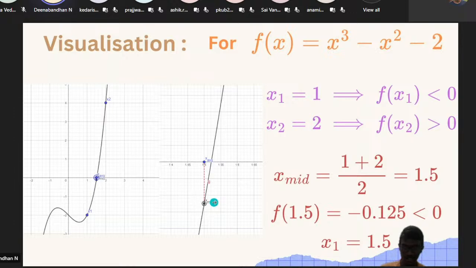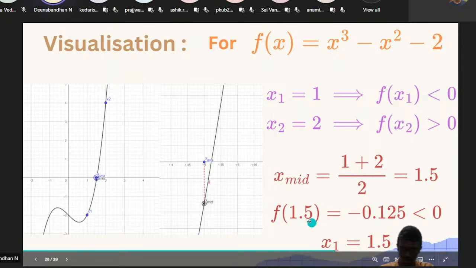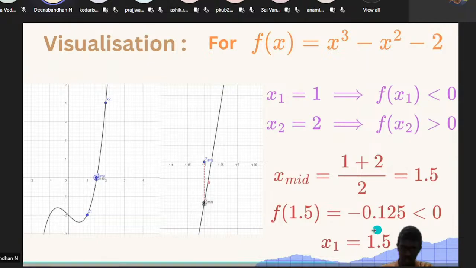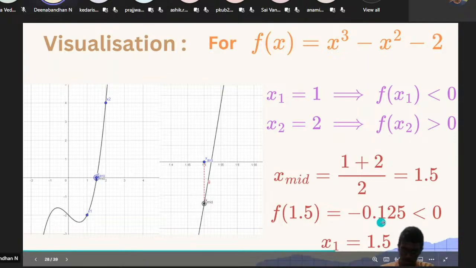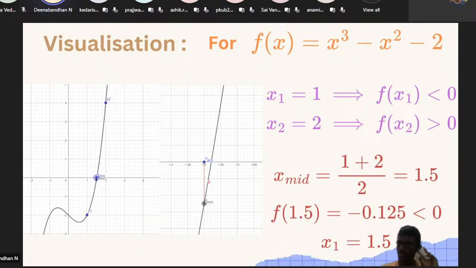Now find in which direction of the x-axis it is, whether it's upside or downside, or basically find the function value at this point. If I find f of 1.5, basically substituting here, you will end up getting minus 0.125, which is negative, right? So you would have chosen 2 points.